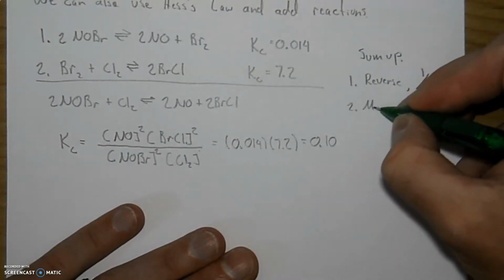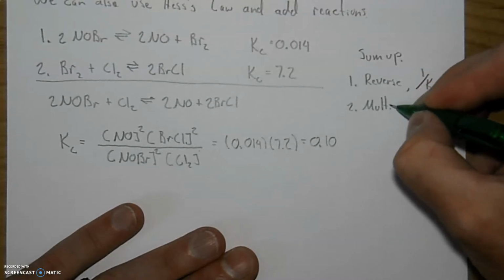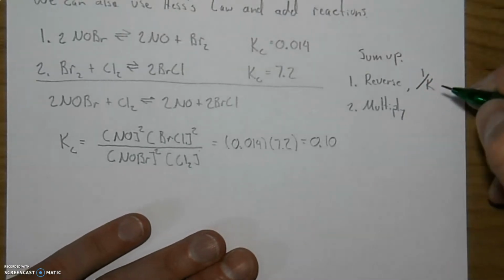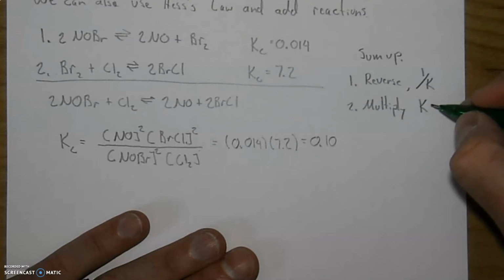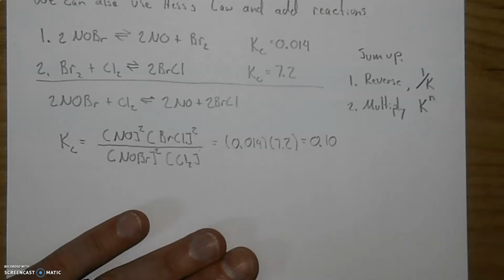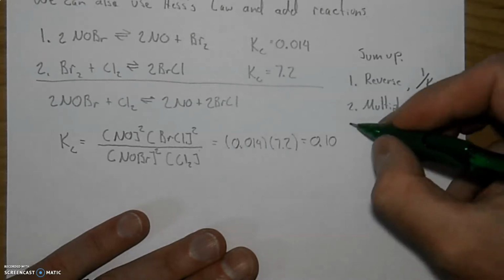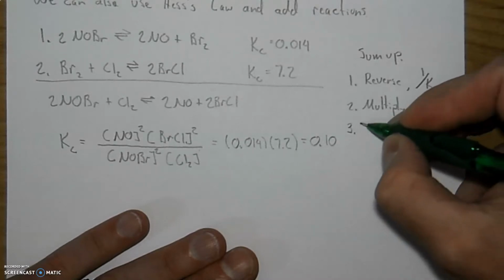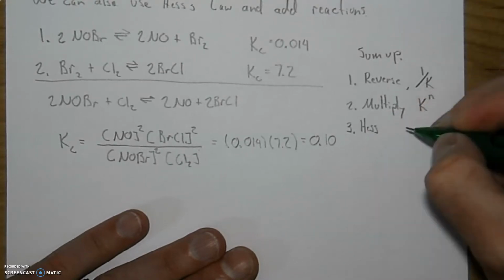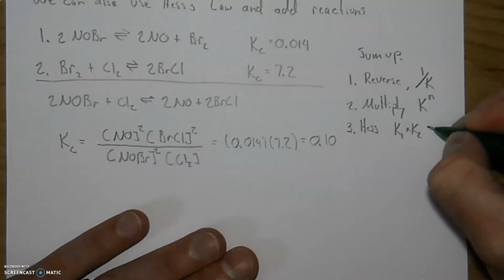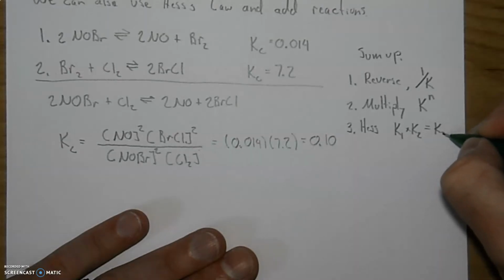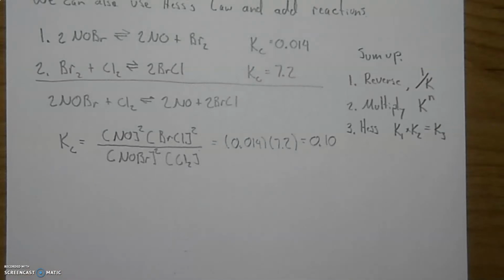If you multiply the reaction by some coefficient value, whatever value you multiplied it by is what you are raising K to. If you double it, raise it to the second. Triple it, raise it to the third power. 3. And the last, if you're using Hess's law, K1, reaction 1, times K2, reaction 2, is equal to the new value for K. So you multiply the K values by each other.